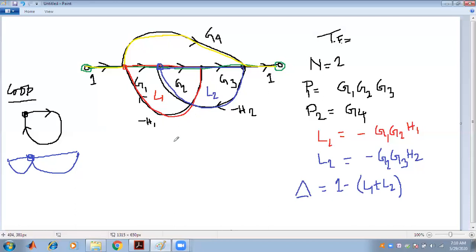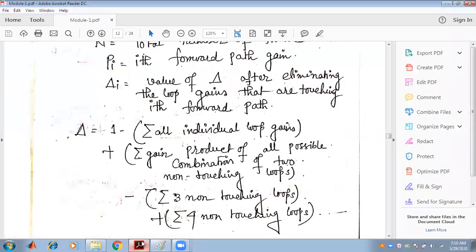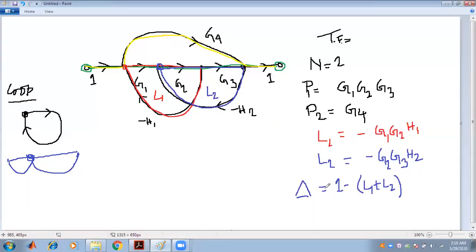So if there are only two loops and they are touching, there is no question of the gain product of combinations of two non-touching loops. So the del value will be this one.